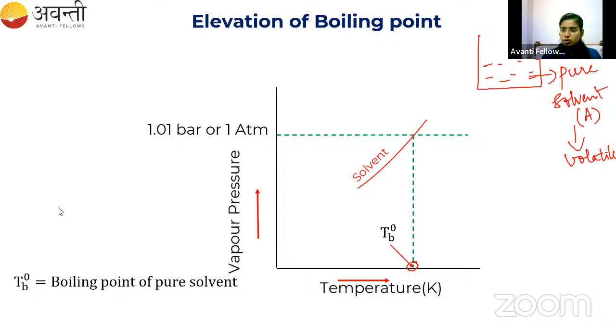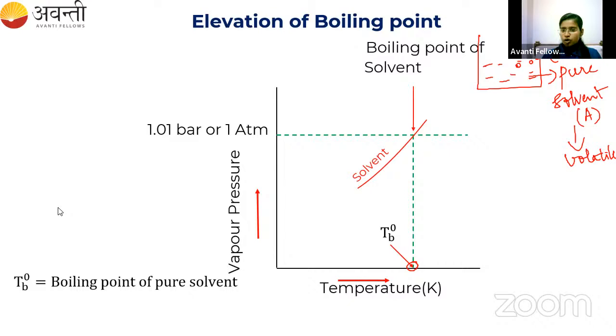Now what I am going to do? I am going to add a solute B. And what is the nature of the solute? It is non-volatile. So what will happen if I add a non-volatile solute to this solvent? It will form a solution. The solute and solvent particles will form a solution.